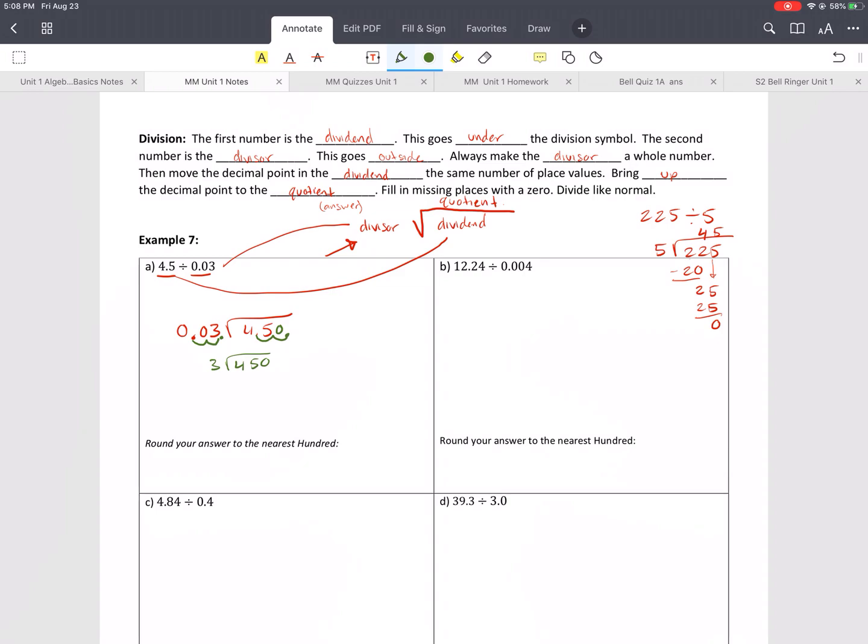So how many times does 3 go into 4? It'd be 1. Carry down the 5. How many times does 3 go into 15? It'd be 5. Carry down the 0, and you would just get 0. Okay, and that's where our decimal will be as well. So it goes in 150 times.